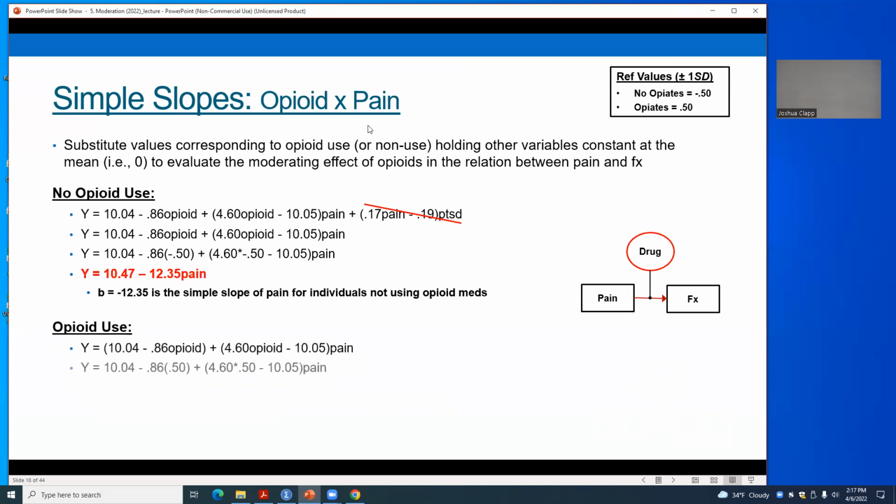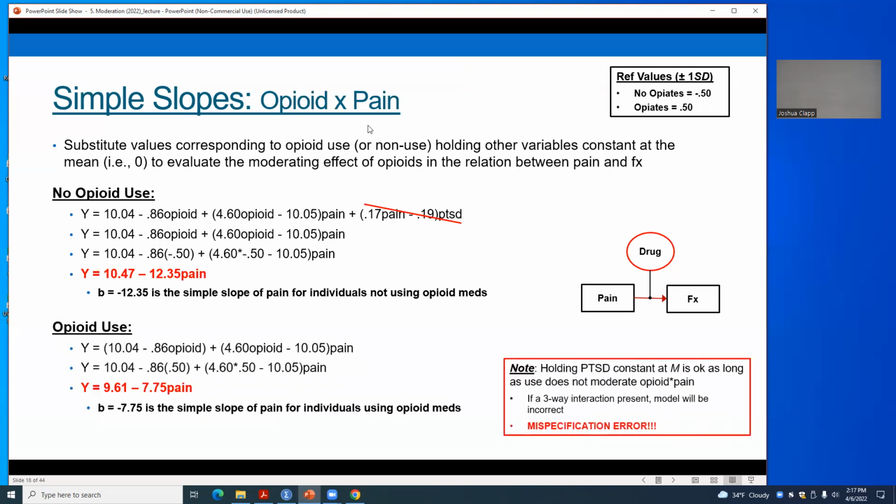Same thing for opiate use, dropping the value of 0.5 in there. Remember, opiate use is the dichotomous variable. The only reason that high and low opiate use is 0.5 is because we got an even split. If you don't have an even split, it's not going to be plus and minus 0.5. Drop those in there. We get the conditional effect of pain on role functioning for people who aren't using opiates, and the conditional effect of pain on role functioning for people who are using opiates.